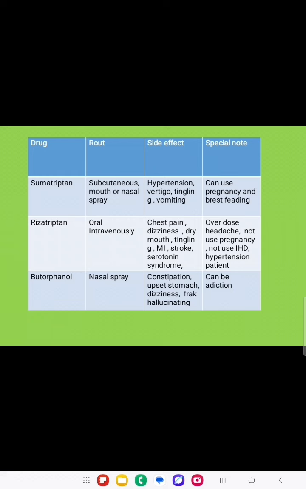Rizatriptan is used orally or intravenously. Side effects: chest pain, dizziness, dry mouth, tingling, MI, stroke, and serotonin syndrome can be seen. Overdose can cause headache. Not used in pregnancy or in hypertensive patients.